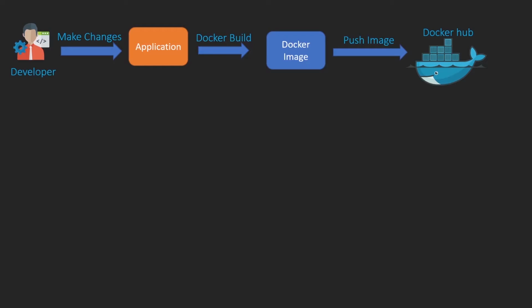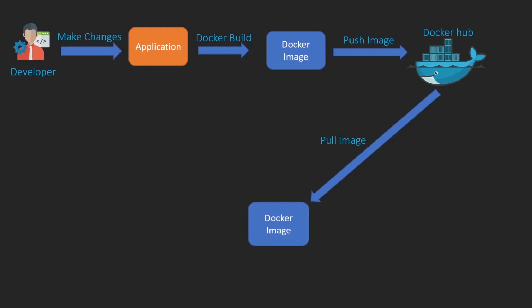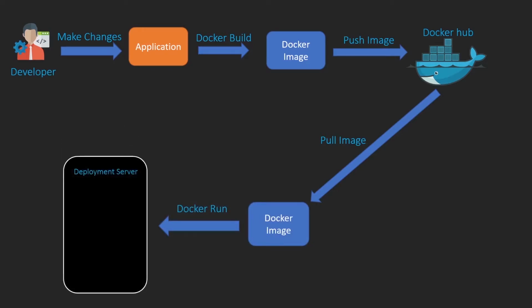Once it is available in Docker Hub, any team member can pull this image. When they pull this image, they can do a docker run command, which will start running the application as a Docker container on their machine. Now this container will have the changes done by the developer.